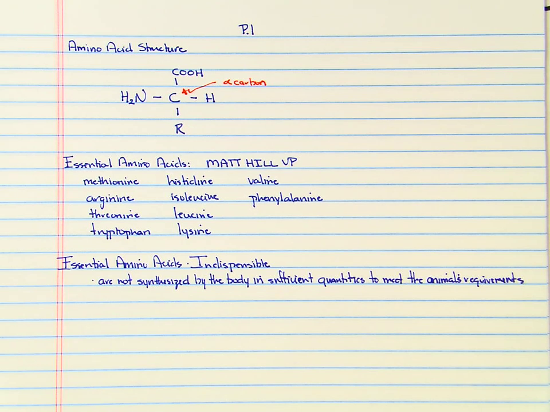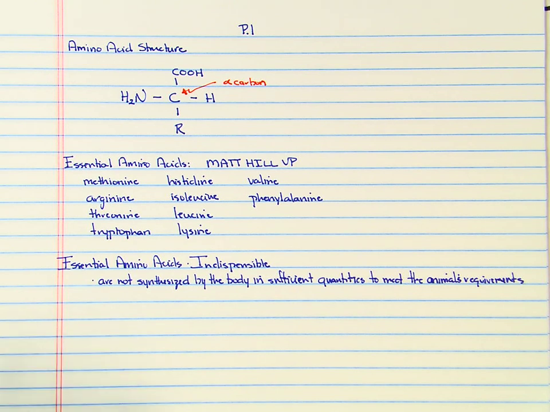The body is basically just incapable of synthesizing enough of these particular amino acids to meet the animal's requirement for them. The other 10 amino acids the body synthesizes in sufficient quantities to meet their requirements.